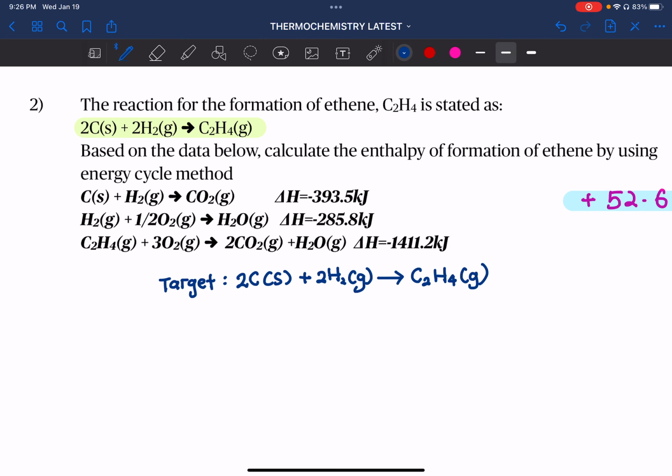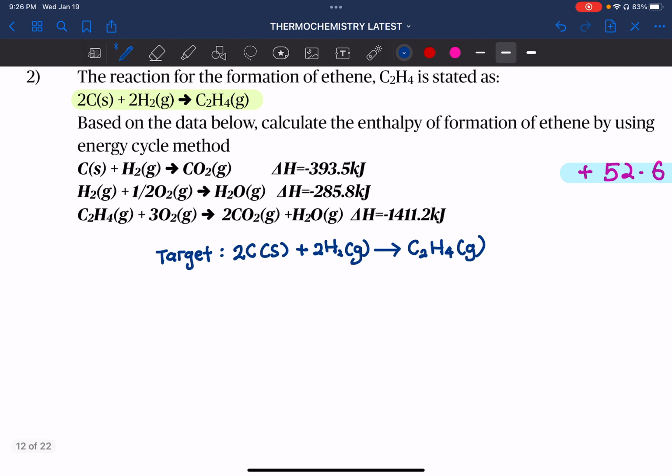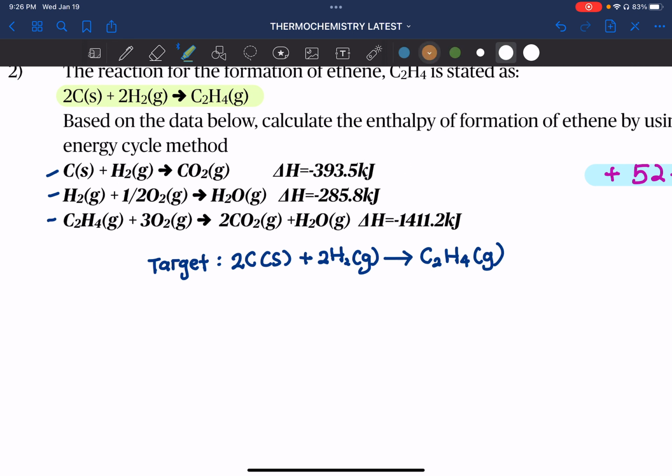Okay, tapi data dia bagi untuk ketiga-tiga inilah. So kita nak buat macam mana? Okay, for this one, kita buat satu demi satu. Kita tengok dulu untuk karbon. Okay, kita tengok carbon, so kita cari equation yang ada carbon. However, here, carbon 1 mol.